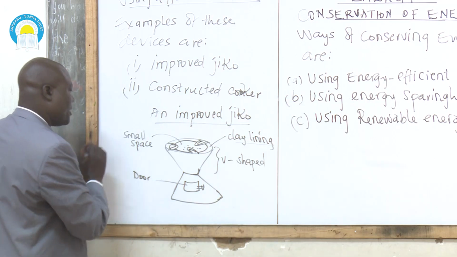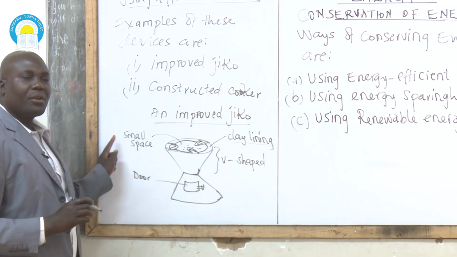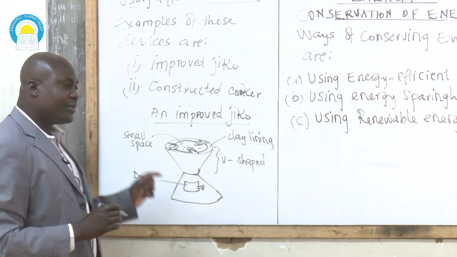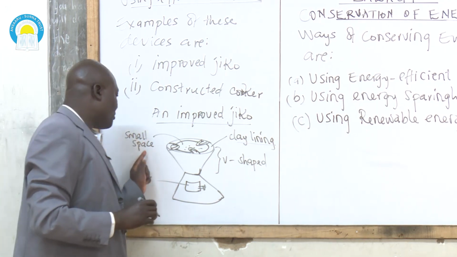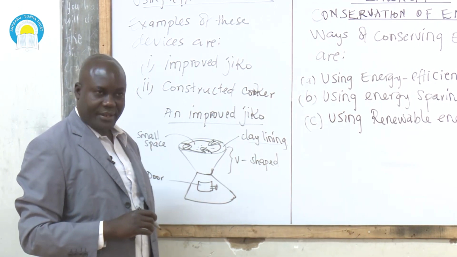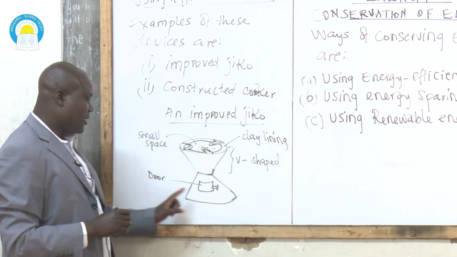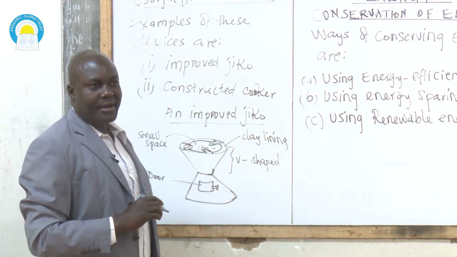Then there is the small space. The small space conserves energy by using a small amount of charcoal, so it helps to conserve the forest. There is also the door, which regulates the burning rate.